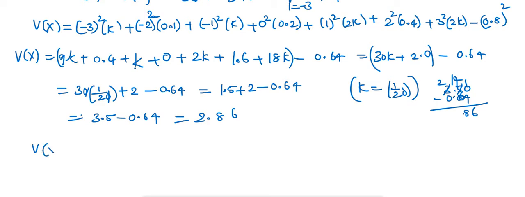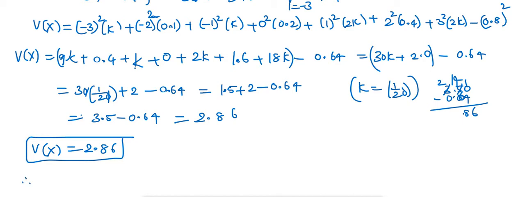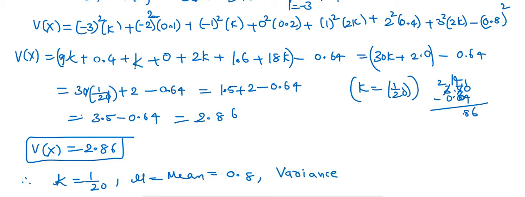Therefore, the variance of x is equal to 2.86. From the problem, k is 1 by 20, mean is equal to 0.8, and variance V of x is equal to 2.86.